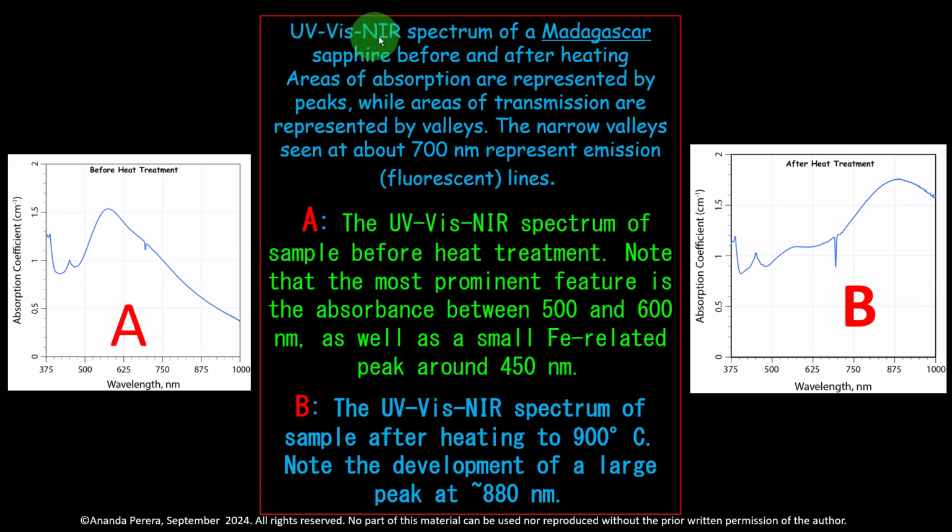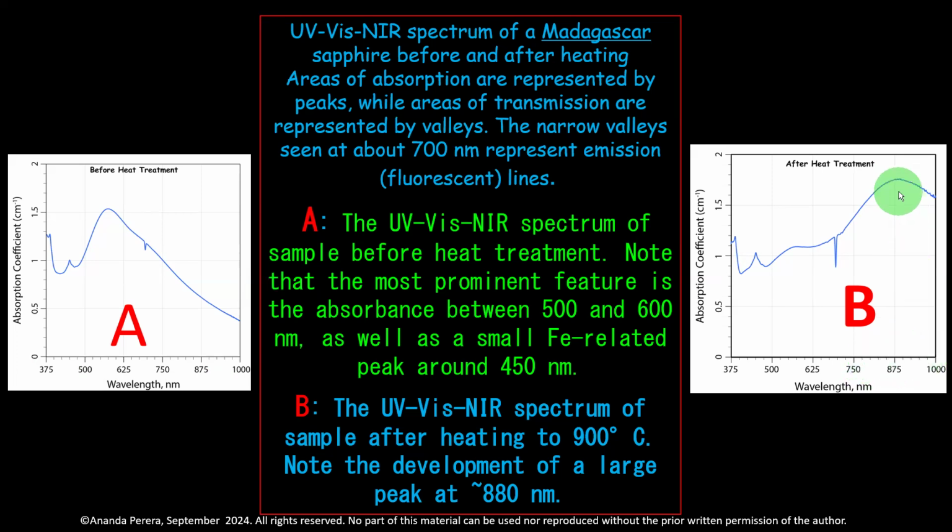See the UV, VIS, NIR spectrum of a Madagascar sapphire before and after heating. Areas of absorption are represented by peaks. Look at the peak here, between 500 and 625 nanometers, before heating. After heating, that peak is missing now. It goes to the invisible range, where we can't see it.